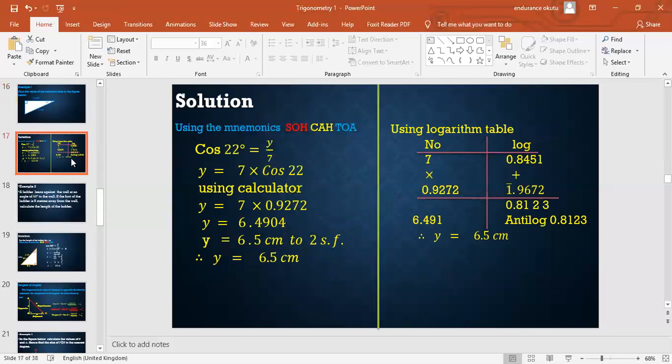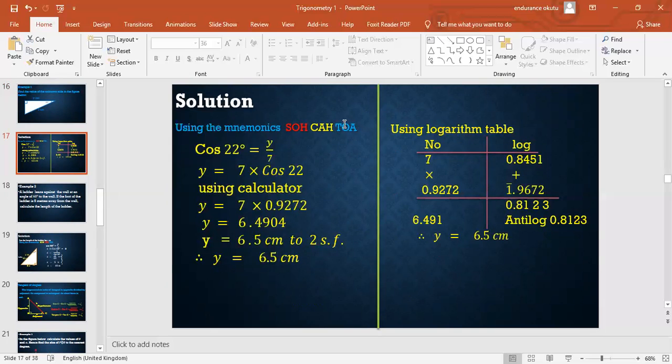Now, using the mnemonic SOHCAHTOA, the first part, SOH, stands for sine, which is opposite over hypotenuse. The other, CAH, C stands for cosine, while A and H stand for adjacent over hypotenuse.